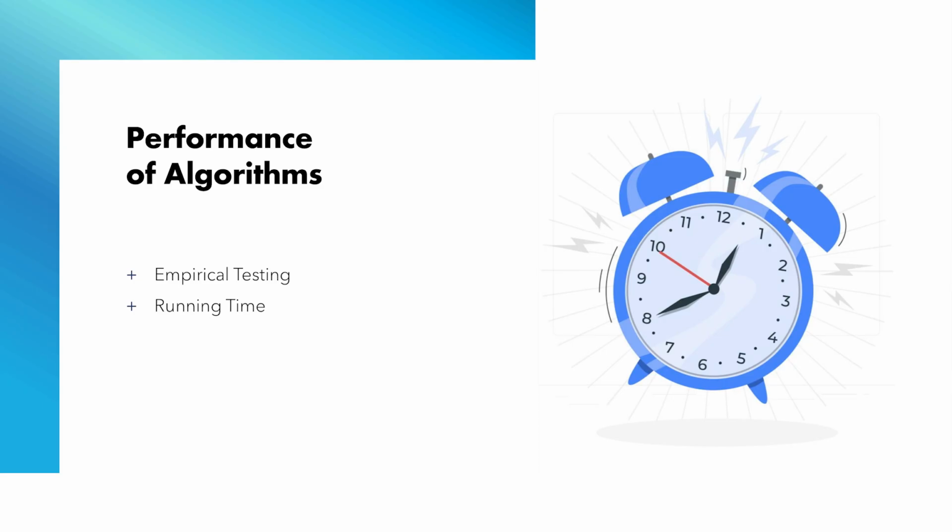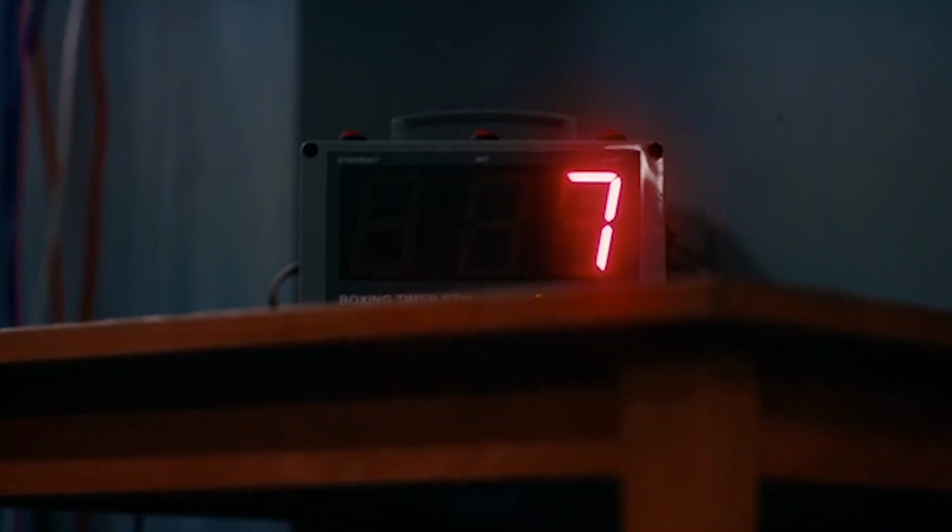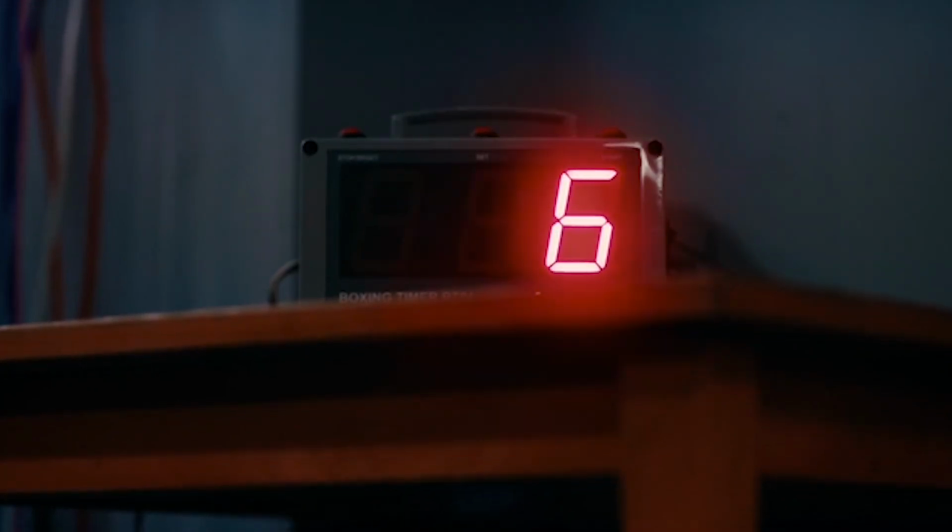However, there's a problem with this. The outcome is not always consistent, because if you run the algorithm on a very fast computer, it will not give you the same outcome as when you run it on a slow computer. And this brings us to the running time, which is a better alternative that is independent of the computer architecture. So what is running time? When we talk about the running time of an algorithm, we're focusing on the number of primitive operations required to solve a problem.